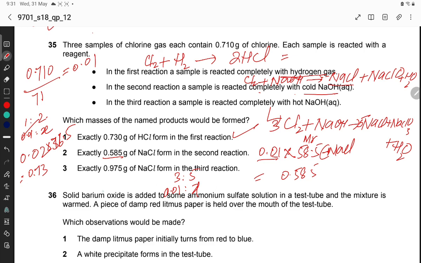The answer is 0.01 into 5 divided by 3, which is 0.016, into 58.5.